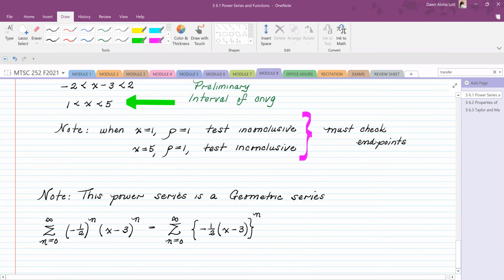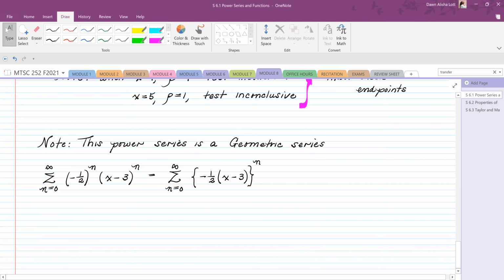All right. So this is a geometric series if r is equal to -1/2 times x minus 3. So we know the absolute value of r has to be less than 1. So the absolute value of -1/2 times x minus 3 has to be less than 1.